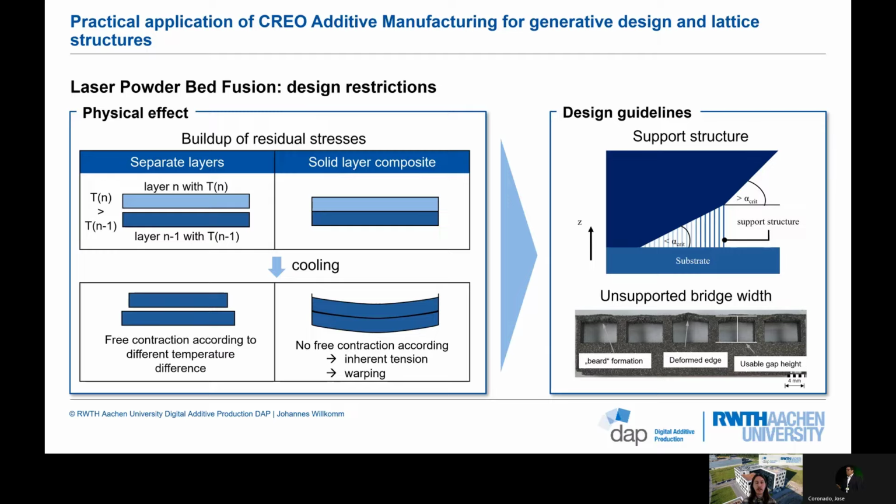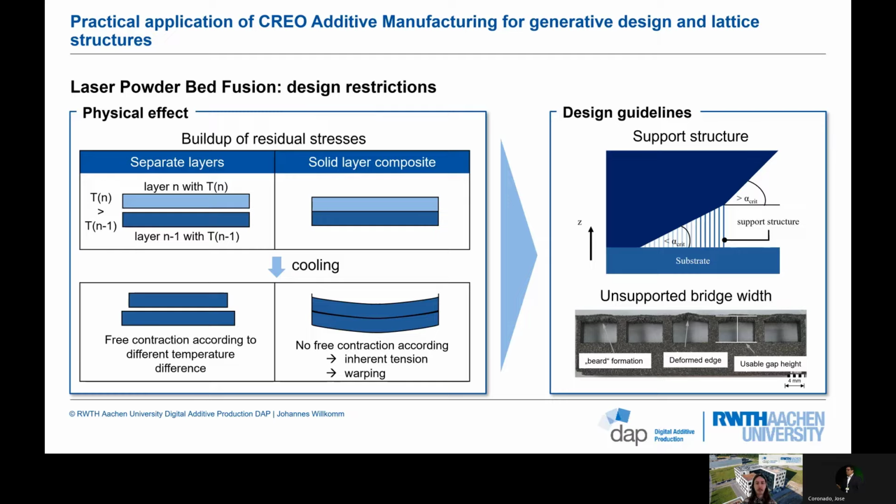And here on the right you can see a representation of an overhanging feature with what we call a downskin angle alpha, which describes the overhang angle, and when this overhang angle is below a critical angle, the deformation results in failed build shapes.